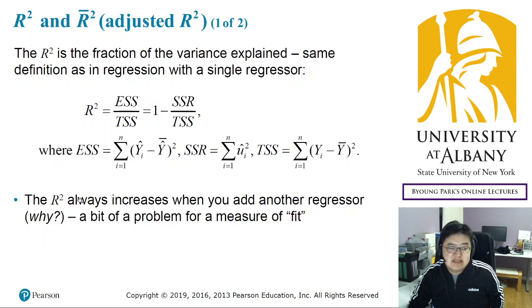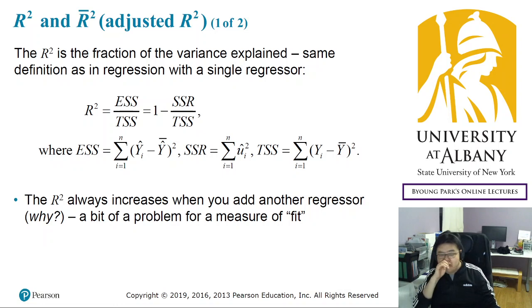And as I said earlier, the problem in R squared is that it increases whenever you add another regressor, even if the regressor is a bad regressor or irrelevant. For example, you write random numbers in the data set and include that in your regression model.